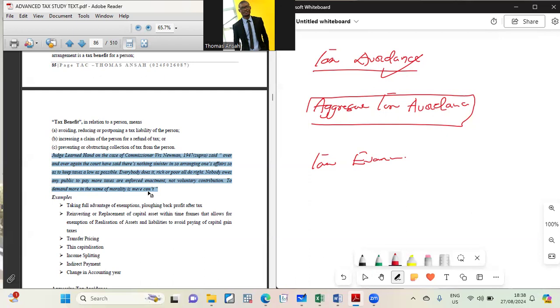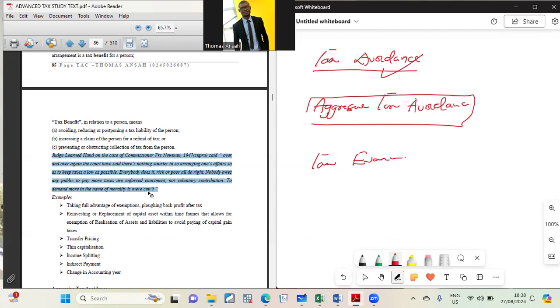The judge says that over and over again, the courts have said that there is nothing sinister in so arranging one's affairs as to keep taxes as low as possible. Everybody does it. The poor man does it. The rich man does it. Nobody owes any public duty to pay more taxes.